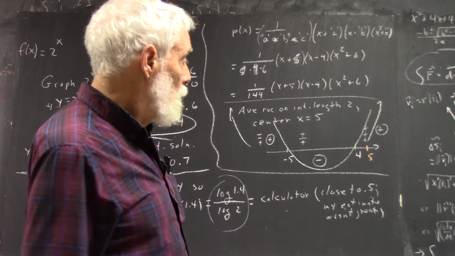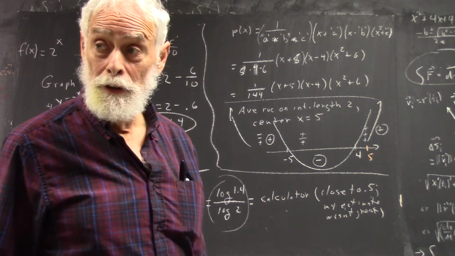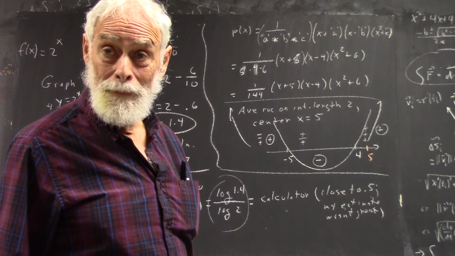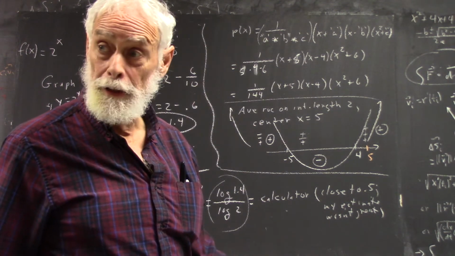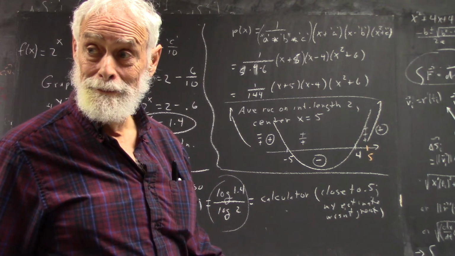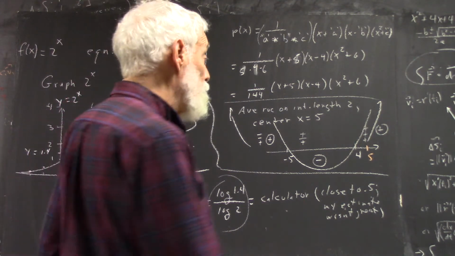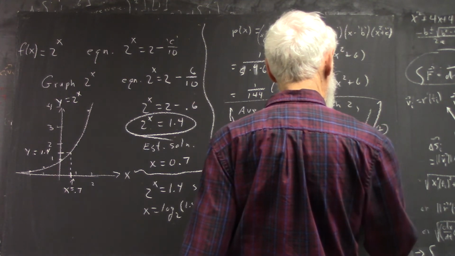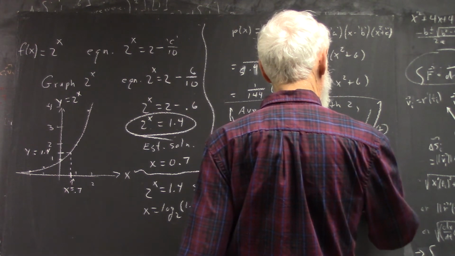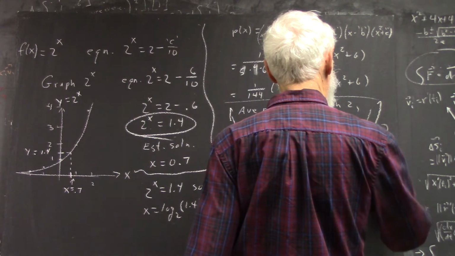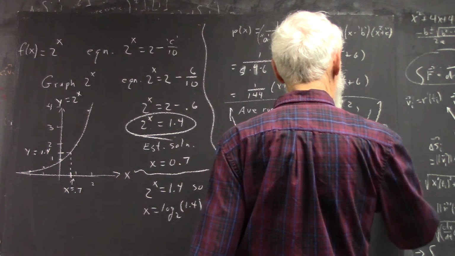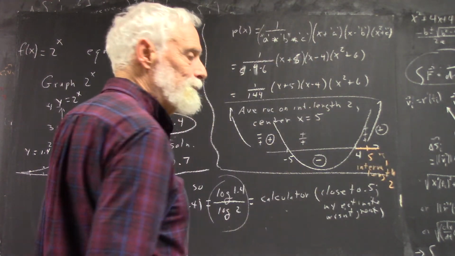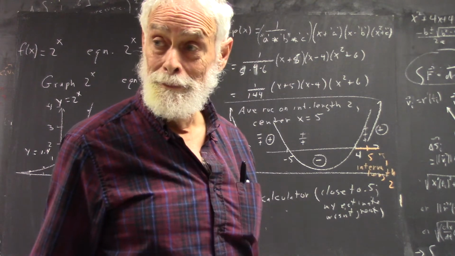Okay? Now, you want an interval of length 2 centered at 5, right? So where does that interval start and where does it end? 4 and 6. Okay, it's got a length of 2. So here's an interval of length 2. Its center is 5, right?